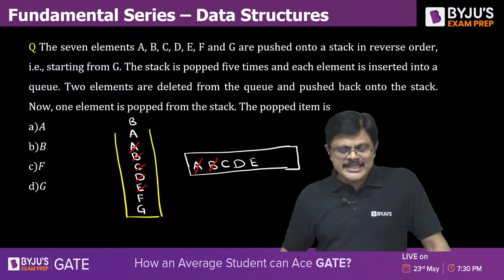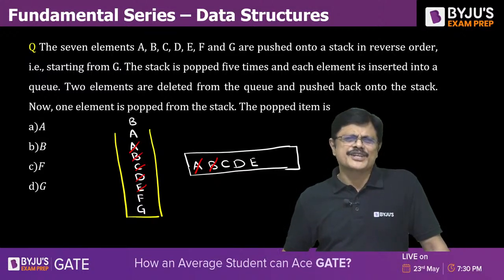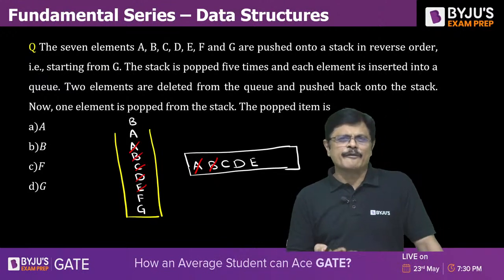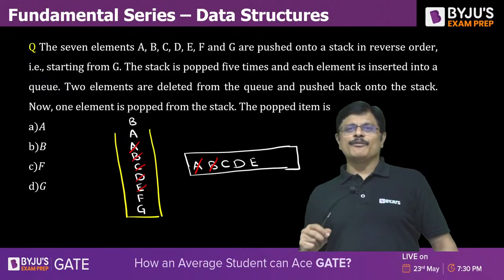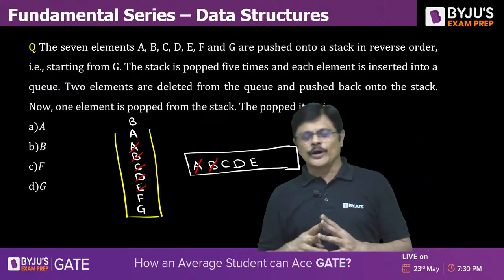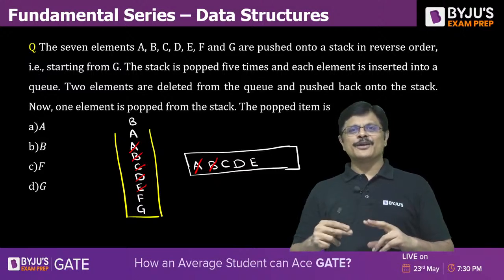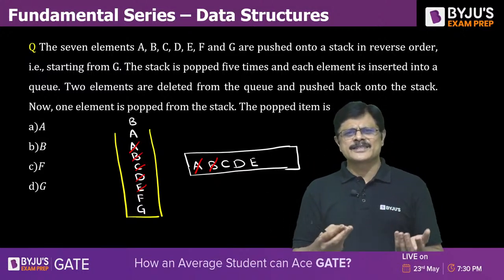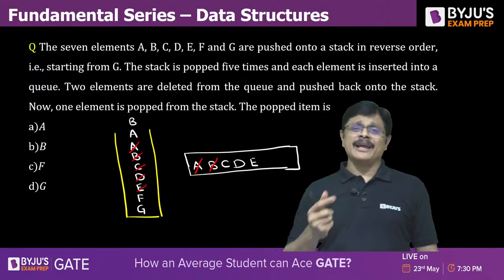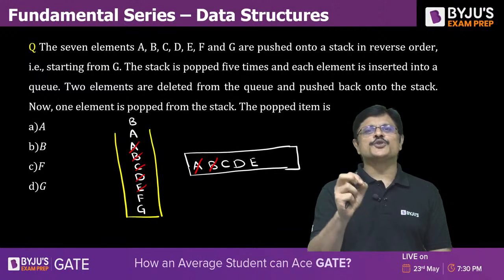Now one element is popped from the stack. The popped item is what? It is a very straightforward question. This kind of question you can see in recent GATE also. Because when you combine stack and queue concepts, most people get confused. Instead of doing a queue operation, they may do a stack operation. When you are stressed, you make such mistakes.